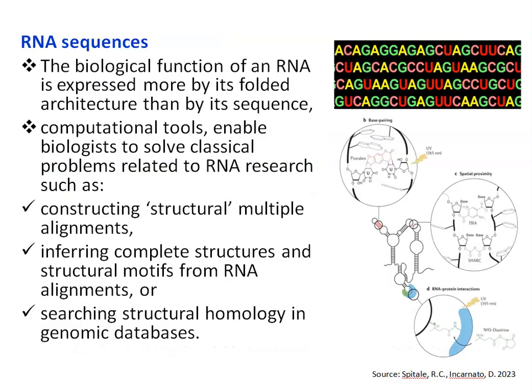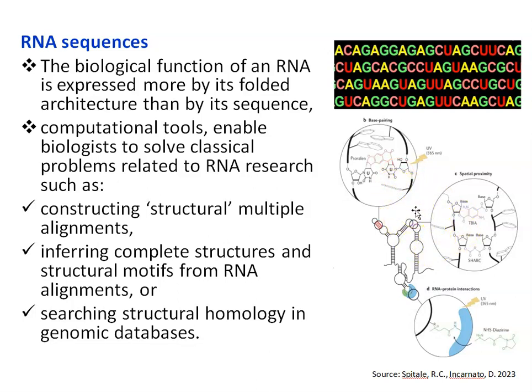Similarly, on the basis of RNA sequences, the biological function of an RNA is expressed more by its folded architecture, just look at this diagram, than by its sequence. So this is sequence data, and this is the folded architecture.